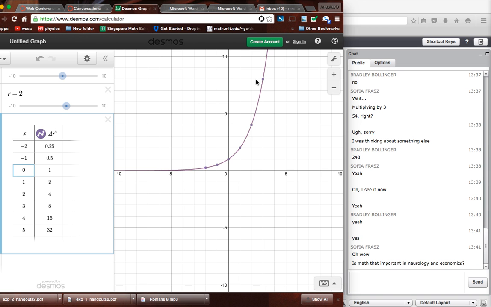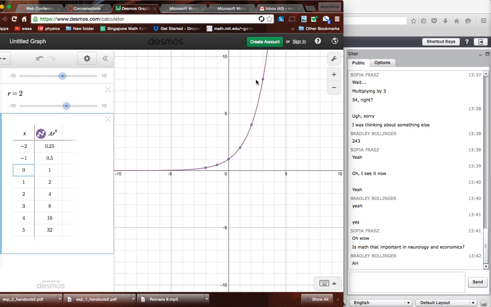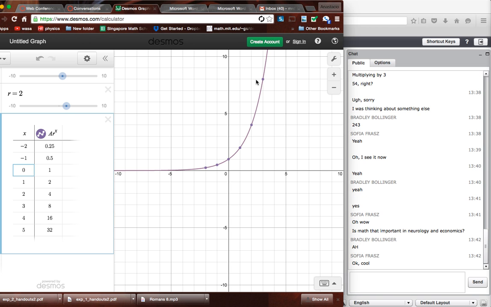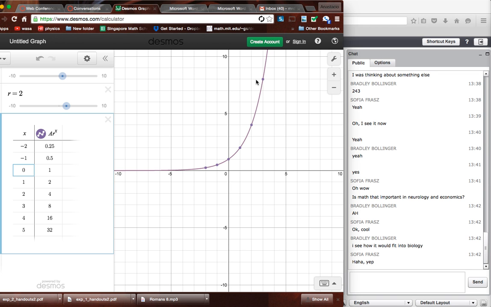This graph right here is very important to people who are really interested in science, particularly biology, economics, that kind of stuff. So I hope that gives you a sense of, wow, this is important then. I better learn it. Okay, so that's what's so cool about this.